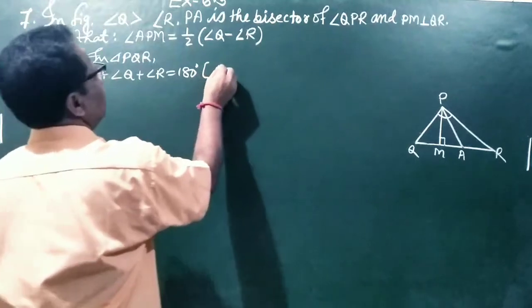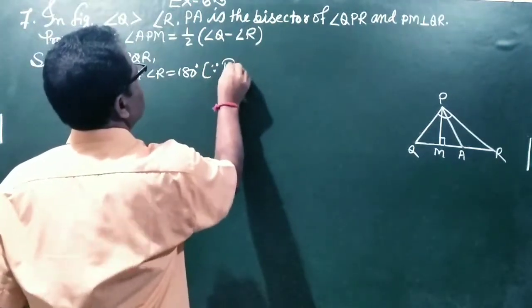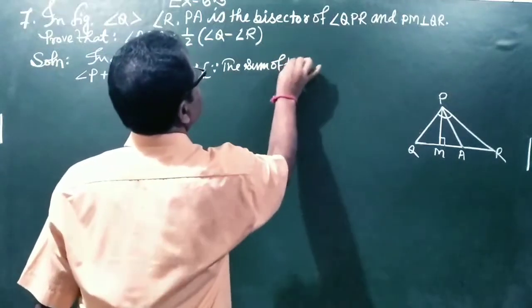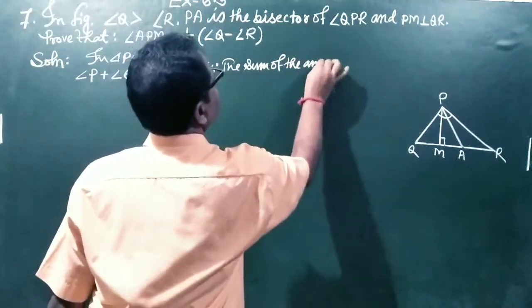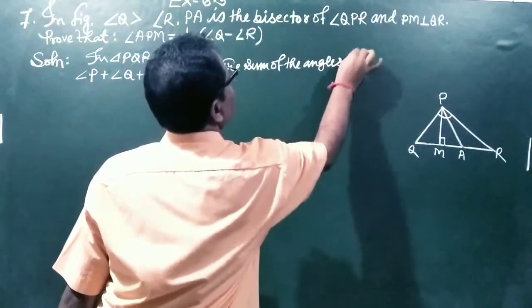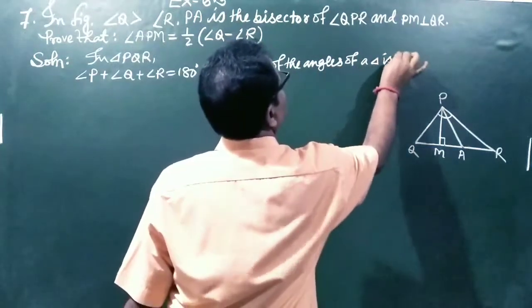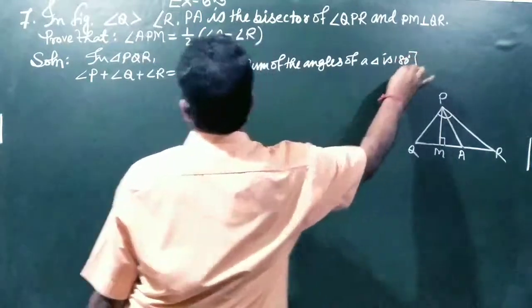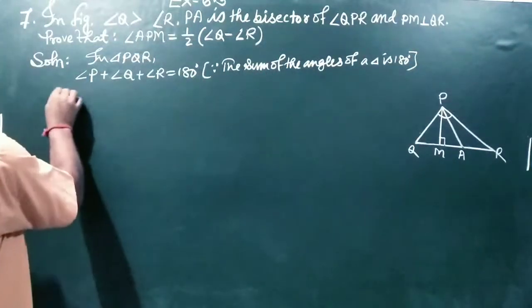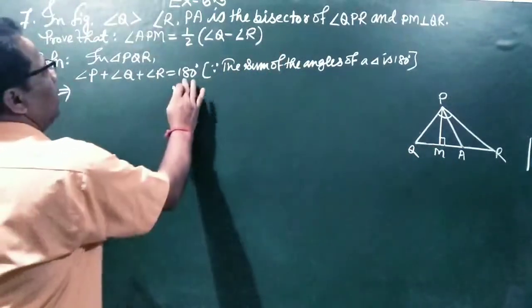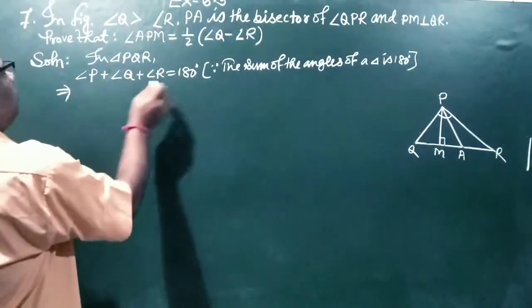Since the sum of the angles of a triangle is 180 degrees, and since angle M is 90 degrees, to get it as 90 degrees we will divide both sides by 2.